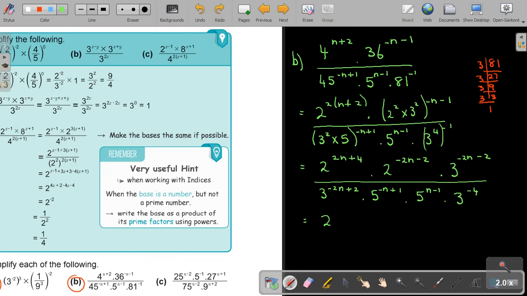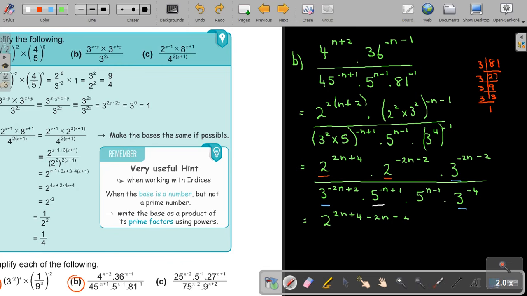Okay, and now I'm just going to show you. So this is all the 2's. This is all the 3's. And this is all the 5's. Okay, so let's start simplifying them. So this is 2 to the power of 2n plus 4 minus 2n minus 2, because it's just addition.